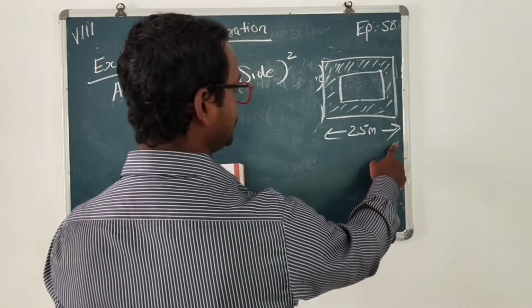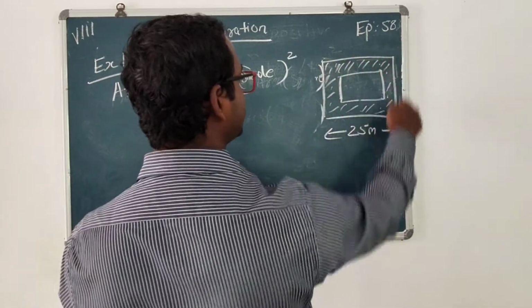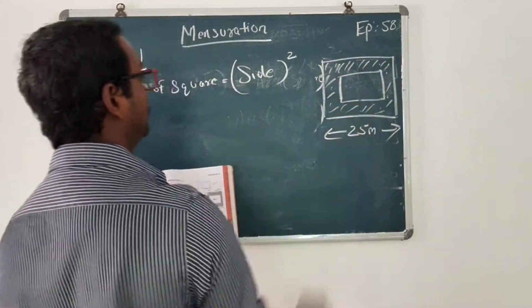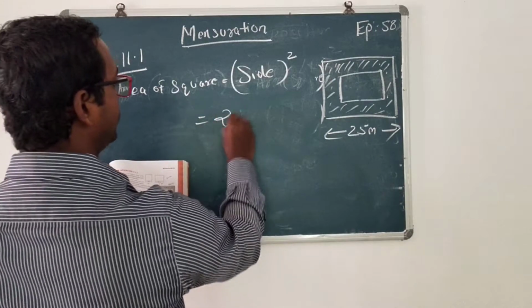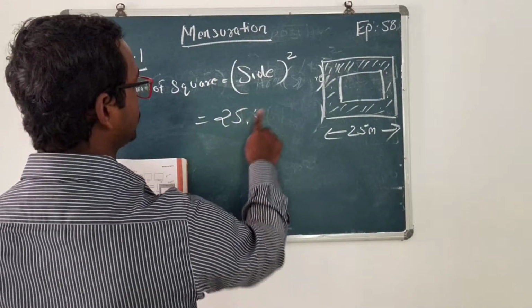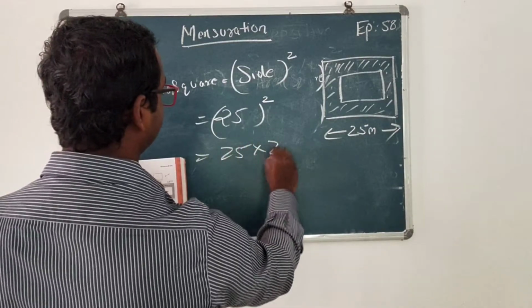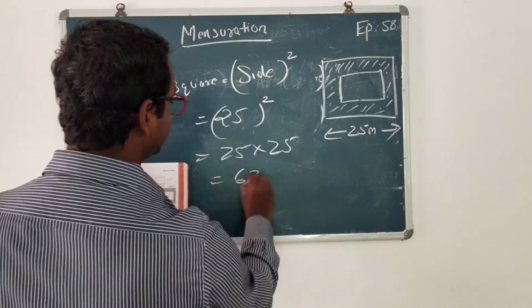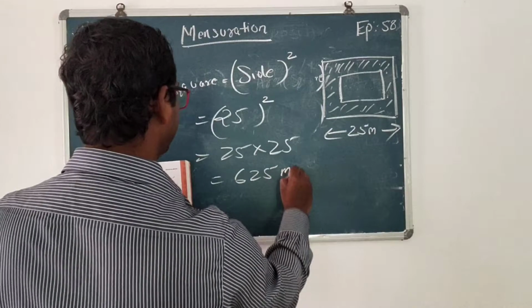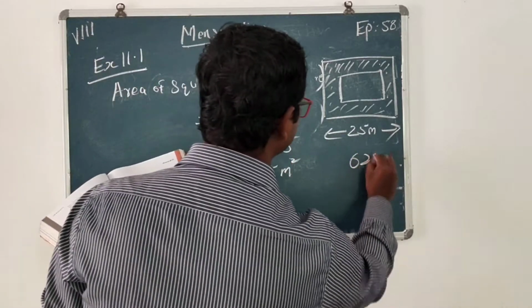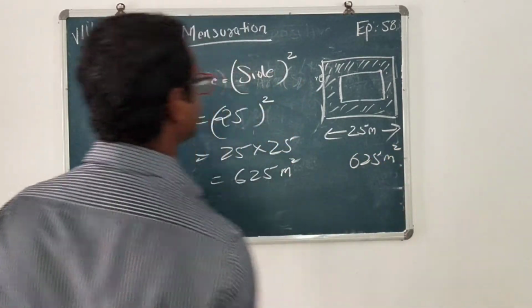Which means if this is 25, this is 25, this is 25, this is 25, because it is a square plot. So 25 into 25, 25 square, is equal to 625 meter square. So the area of the square is 625 meter square.